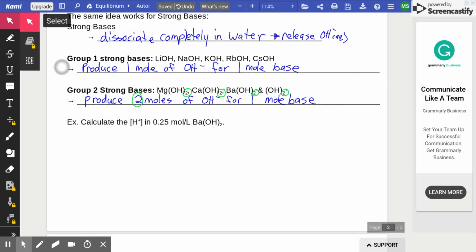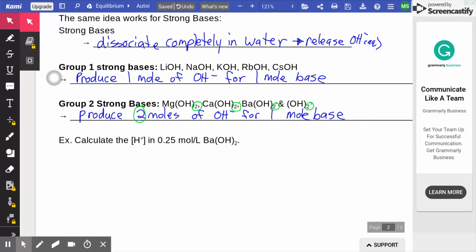So we'll look at an example where we want to calculate the hydrogen ion concentration in 0.25 mole per liter barium hydroxide.